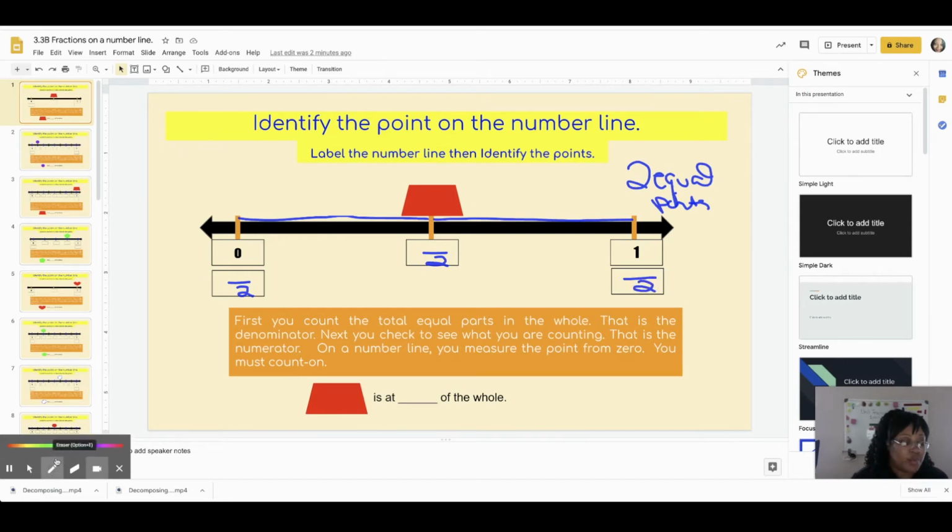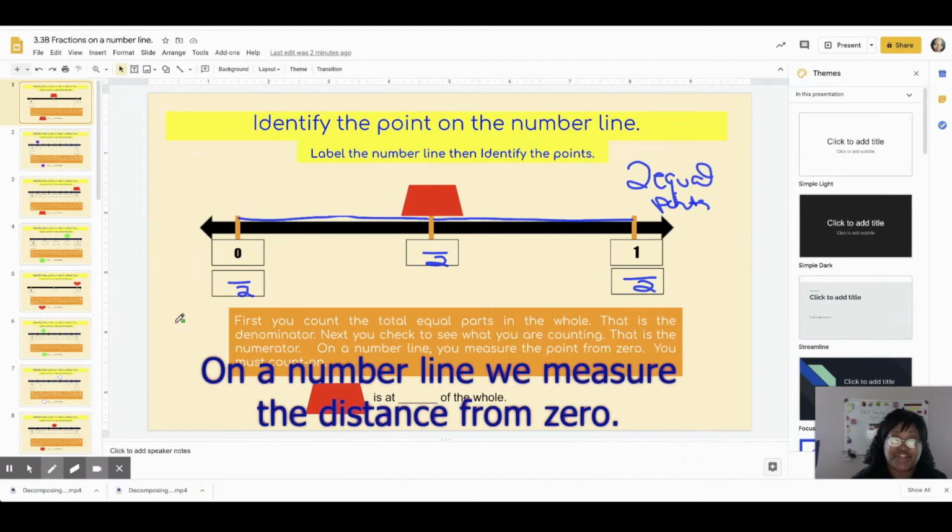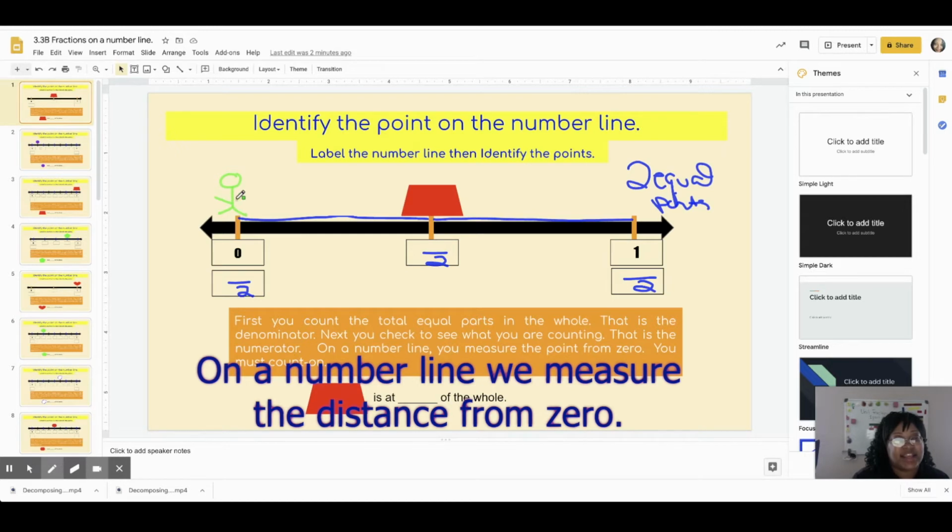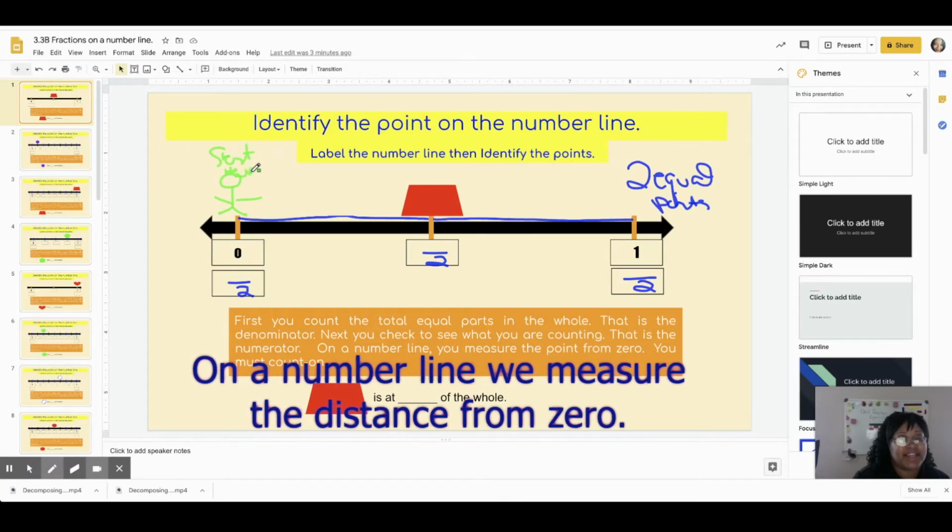Now, when we are on a number line, we count forward because we're measuring the distance from 0. And I always think of a number line like a race. This is the starting line. Start here. Okay, sorry about my messy handwriting.